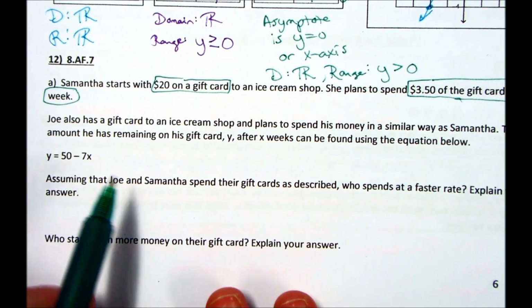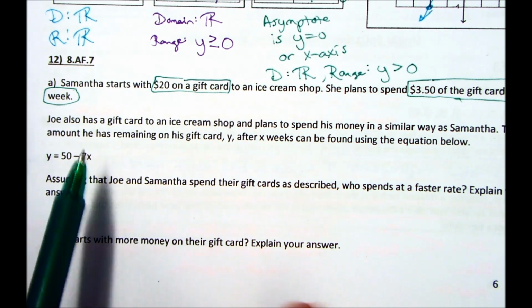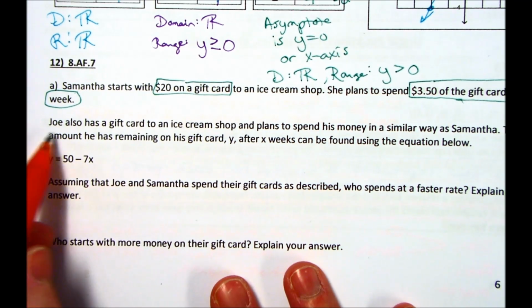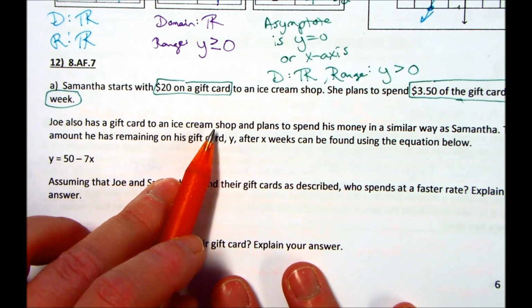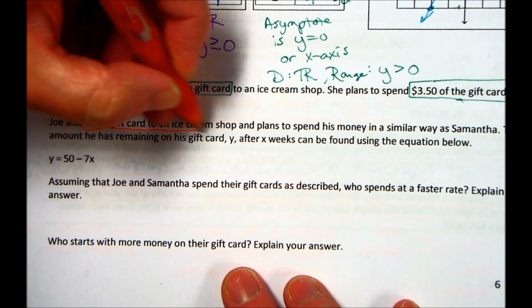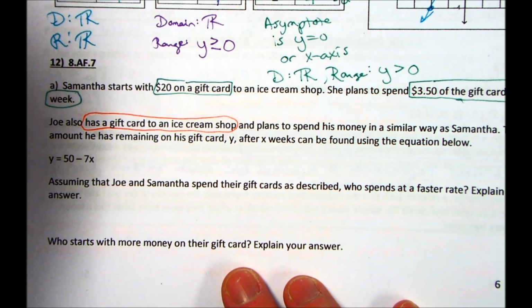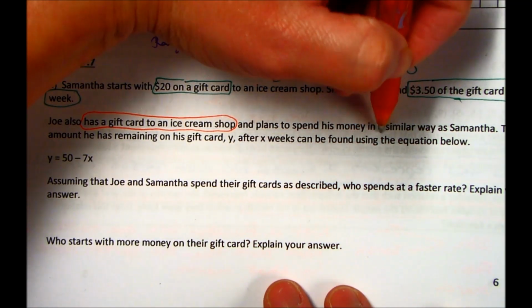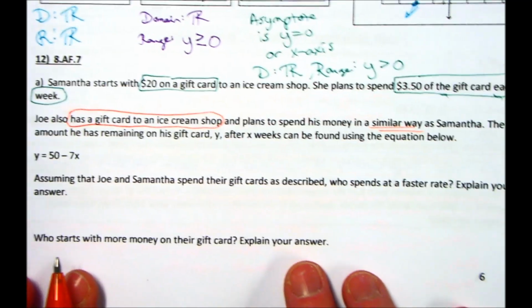Okay, so we haven't really gotten into what we want to do with it yet, so let's just keep reading. Joe also has a gift card to an ice cream shop. We don't know what the value is, but Joe plans to spend his money in a similar way, so probably a little bit each week.